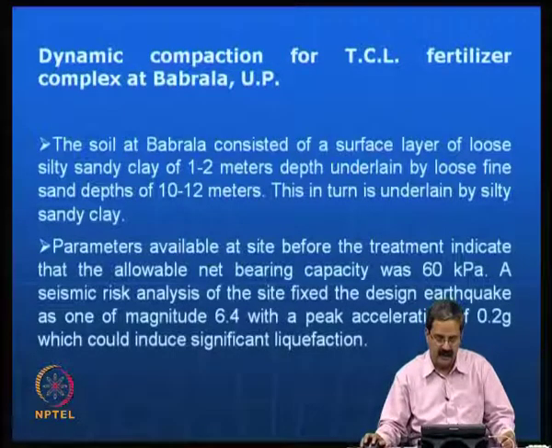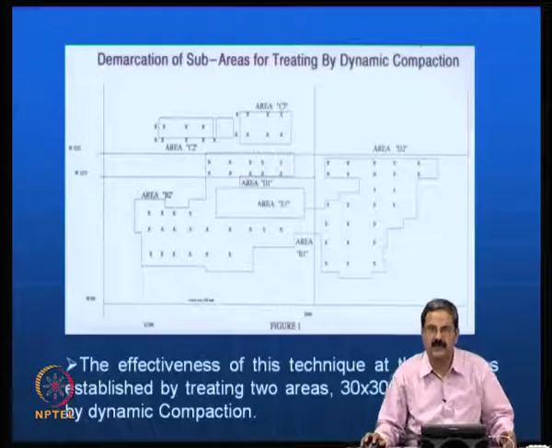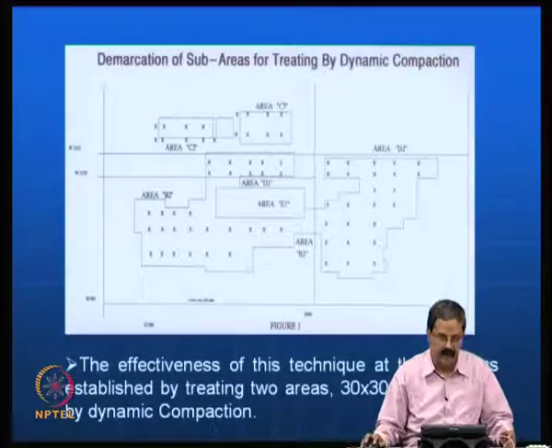They observed that if this acceleration comes to the site, then since the material is loose sandy type, there is a possibility of significant liquefaction, and they did not want that. So they wanted to go for a ground improvement technique, essentially dynamic compaction.